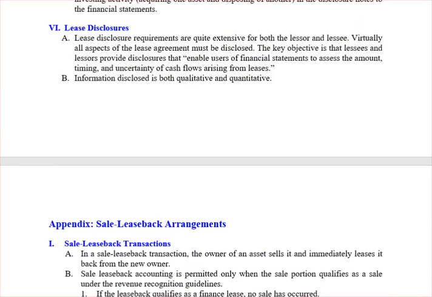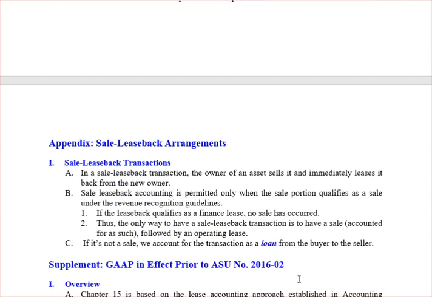Sale and lease back situations. In a sale lease back, the owner of the asset sells it and then immediately leases it back. You can only permit this accounting if it's a true sale.